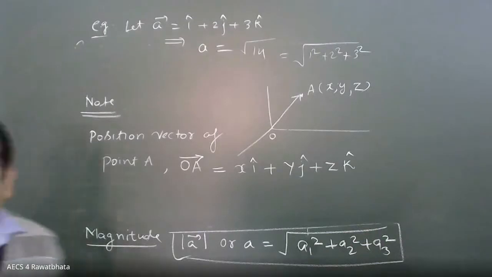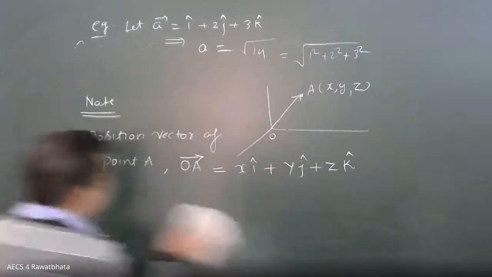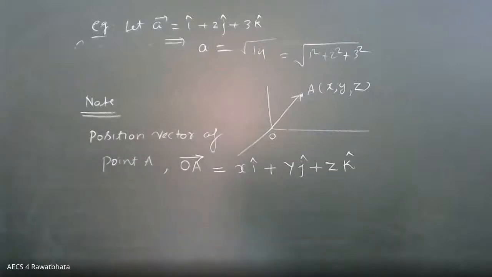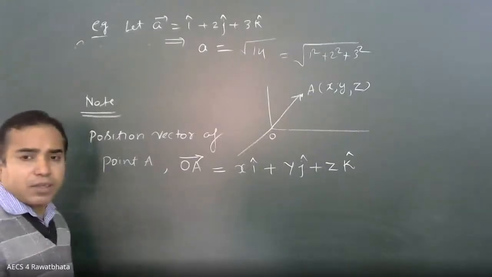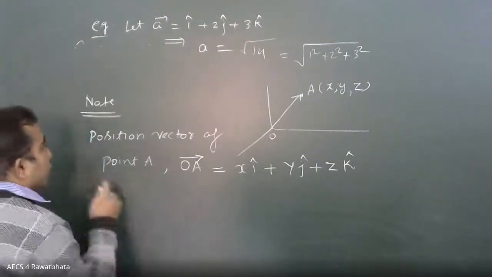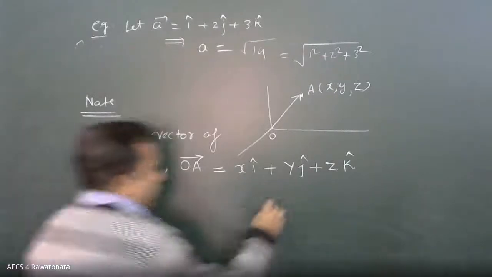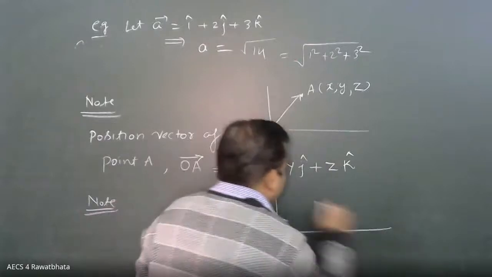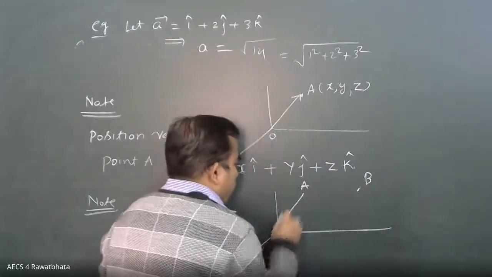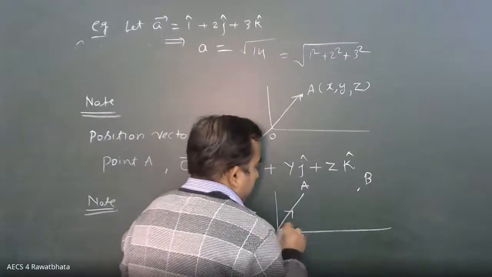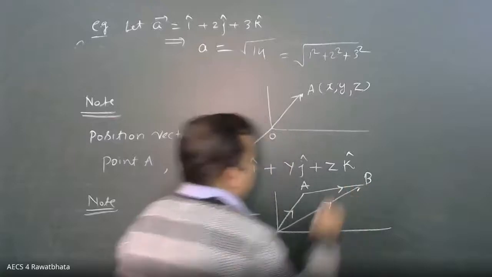And similarly, suppose there are 2 points. These are very basic, very small things, and they are going to be used in the current chapter's exercises, and in the next chapter also. Suppose there is a point A and a point B. This is the OA vector, this is the OB vector, and this is the AB vector.